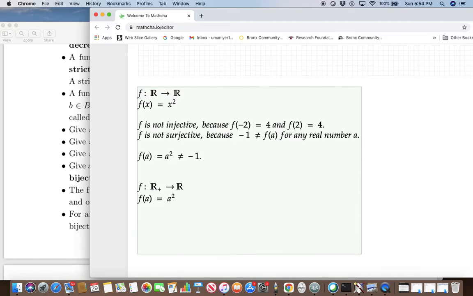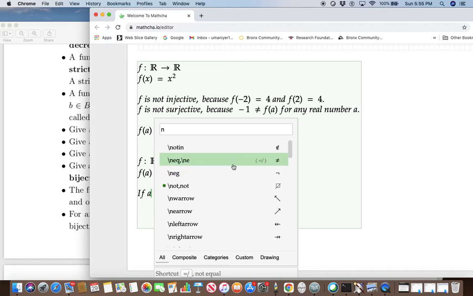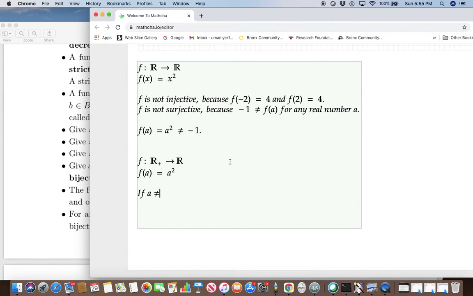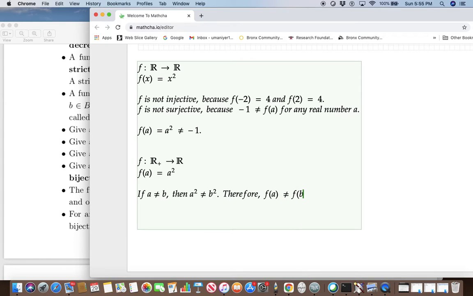Now at this point it is injective because if a is not equal to b, then a to the second power is not equal to b to the second power. Therefore, f(a) is not equal to f(b).